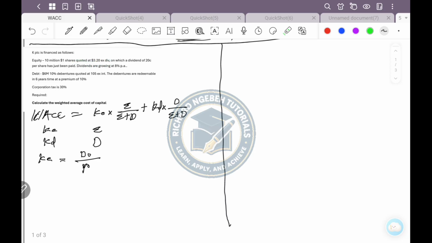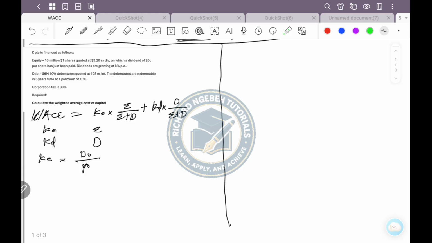We need ex-div because the dividend has just been paid. Had the dividend not yet been paid, we would deduct the dividend from it, but here the dividend has just been paid, so we need this figure to represent our P0. That is the market value.